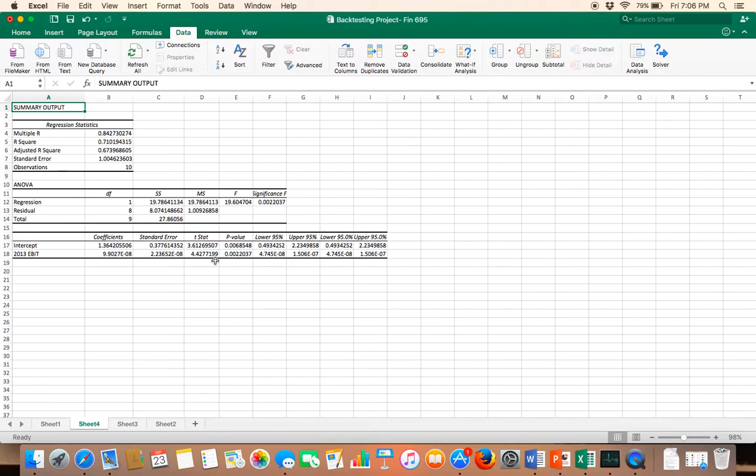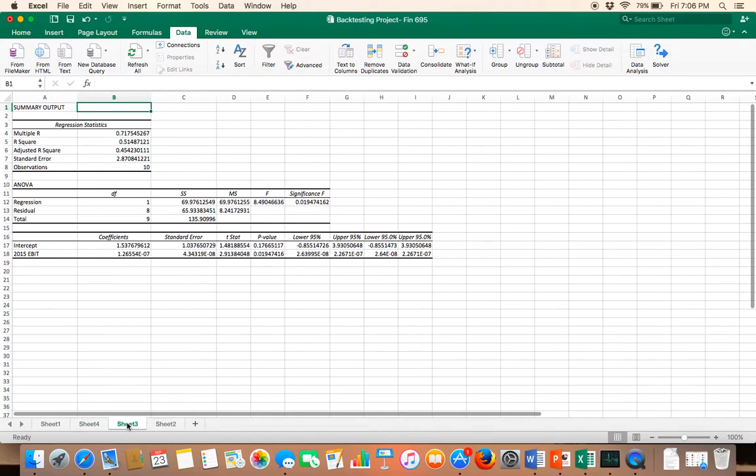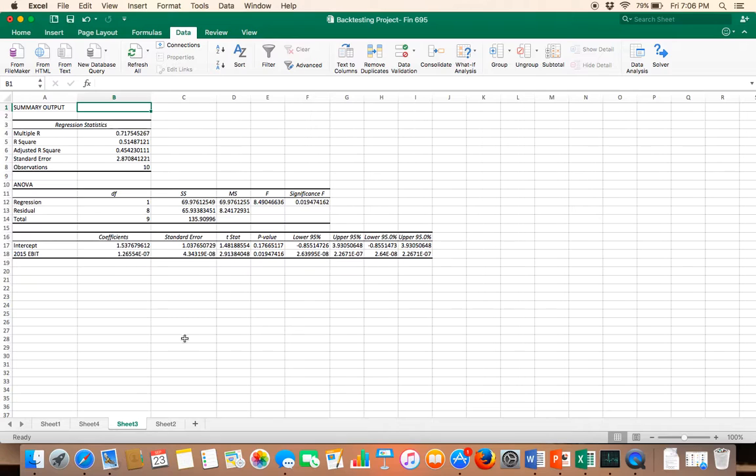And one thing I wanted to show was that the t-stat for 2013 was 4.42, and for 2015 it was 2.91. So there is a slight difference, but again they're both still above the baseline of 1.65. So it does show that there is a statistical relationship between the earnings before interest and taxes and the earnings per share.